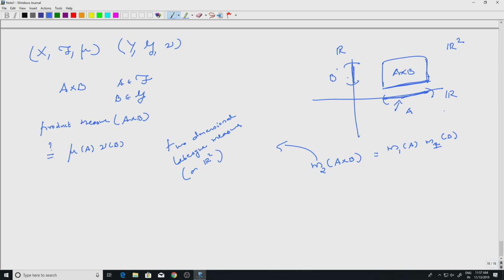Of course, the sigma algebra contains not just A cross B's; you have unions, complements and things like that of measurable rectangles. So there are very general sets here. We need to know how to extend this from measurable rectangles to all sets here. That is the aim of the next theorem.